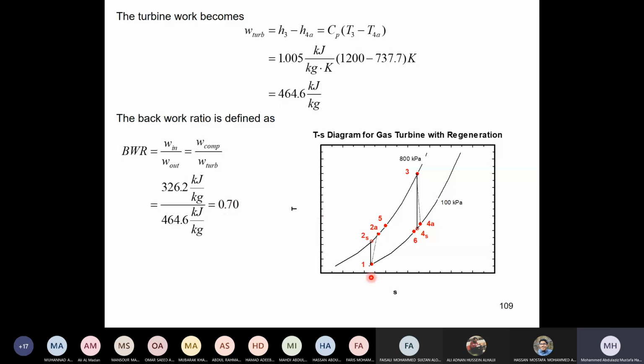Because now the compressor is not isentropic, so the compressor work increases, and the turbine work has decreased because of the efficiency of these two values here, and therefore the back work ratio is higher now. So when it is ideal, this will be less than that. When it is irreversible, the compressor work increases, turbine work decreases, and this will be more than that.